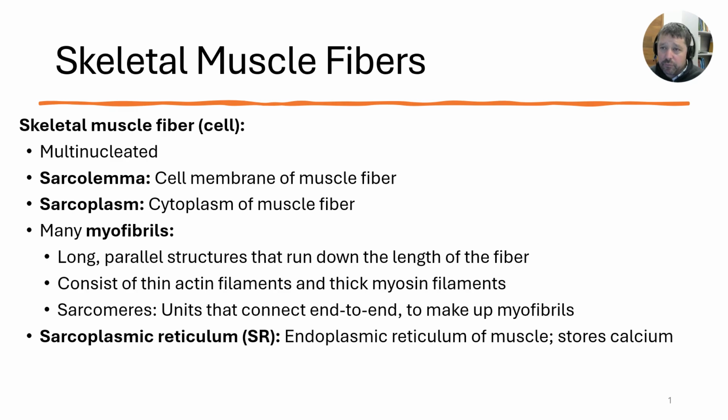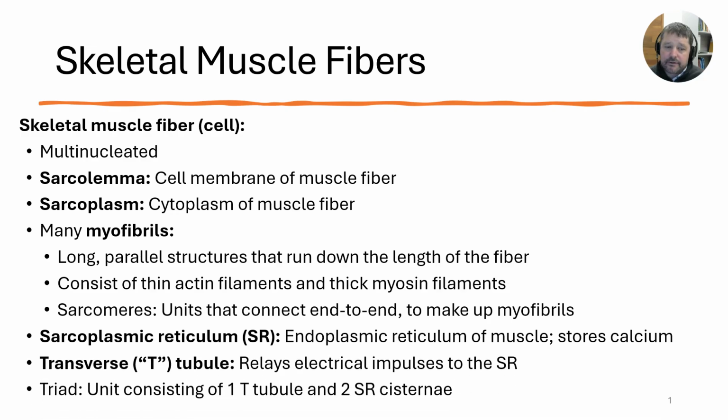And we talked about the smooth endoplasmic reticulum, which is where things like fats are being constructed, but it also stores calcium or other ions. In this case, the sarcoplasmic reticulum is associated with the storage of calcium.